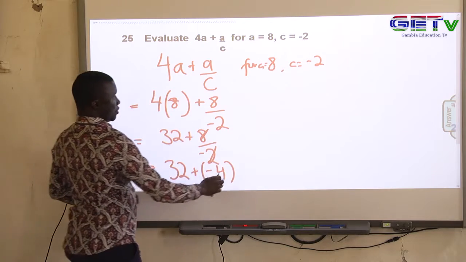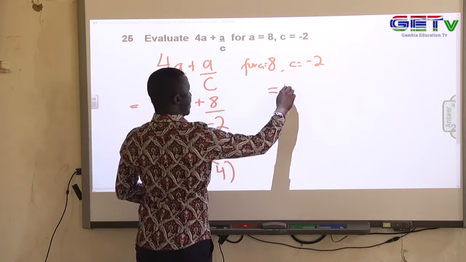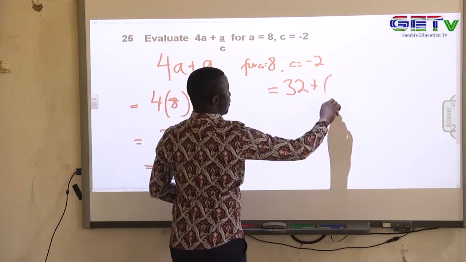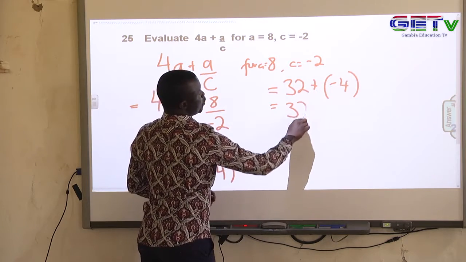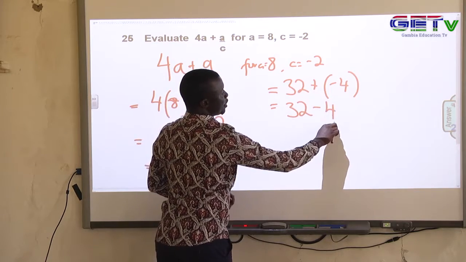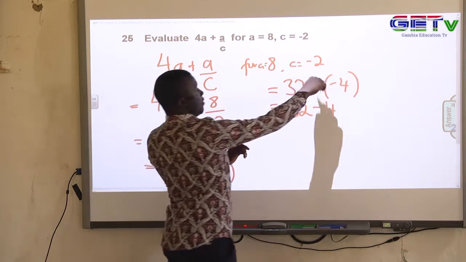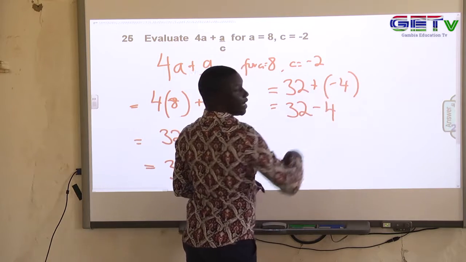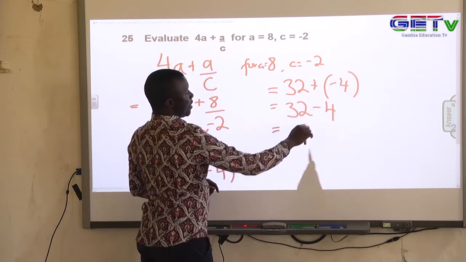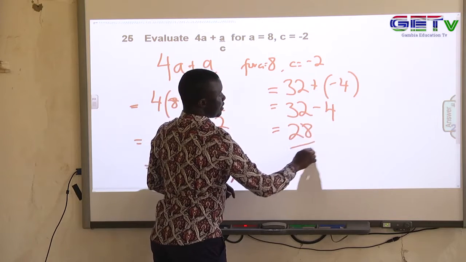Okay? So let's continue here. 32 plus negative 4 will equal 32 minus 4. If you clear the bracket here, a negative and a positive sign, we maintain the negative sign. And therefore, we have 28 as our final answer.